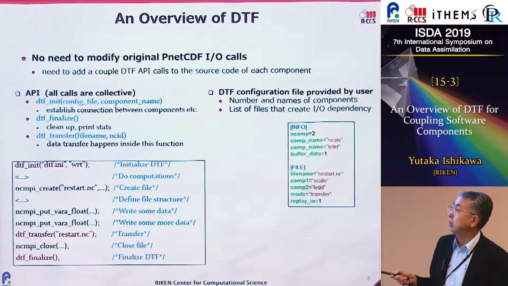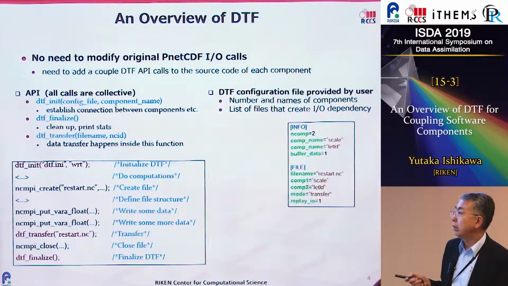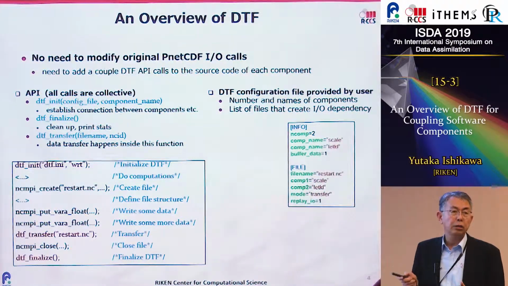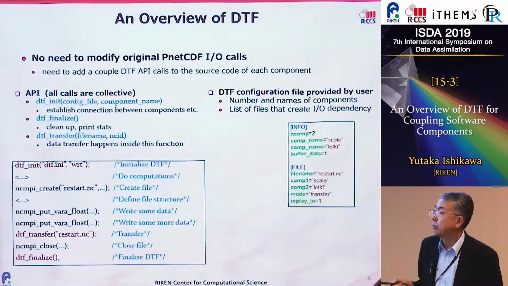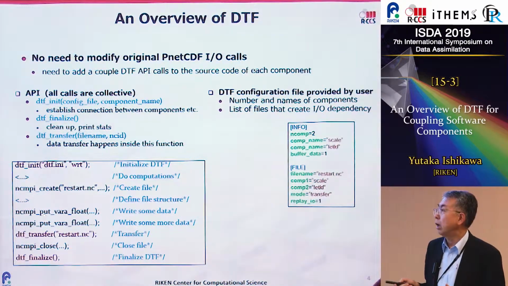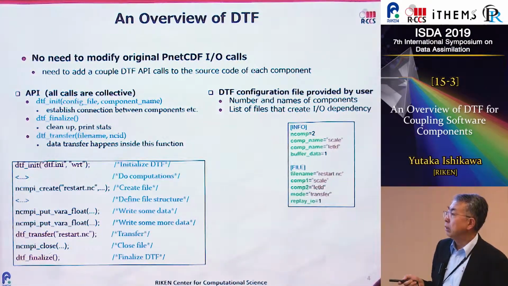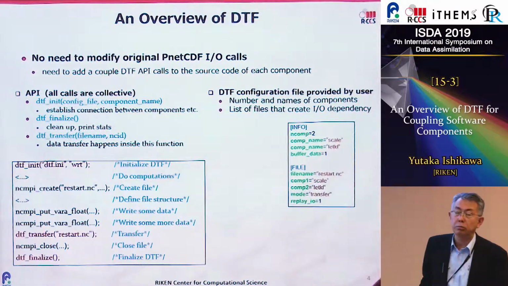The first one is the initialization for DTF. DTF needs to know when the data is actually transferred, so the transfer call is a hint to transfer the data. You have to write this code, and at the end of the program execution, you have to call the DTF finalize API. That's all.